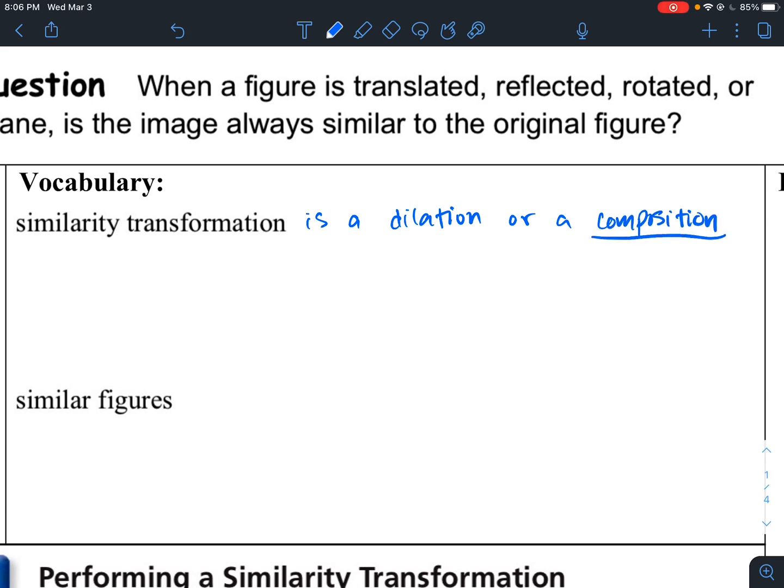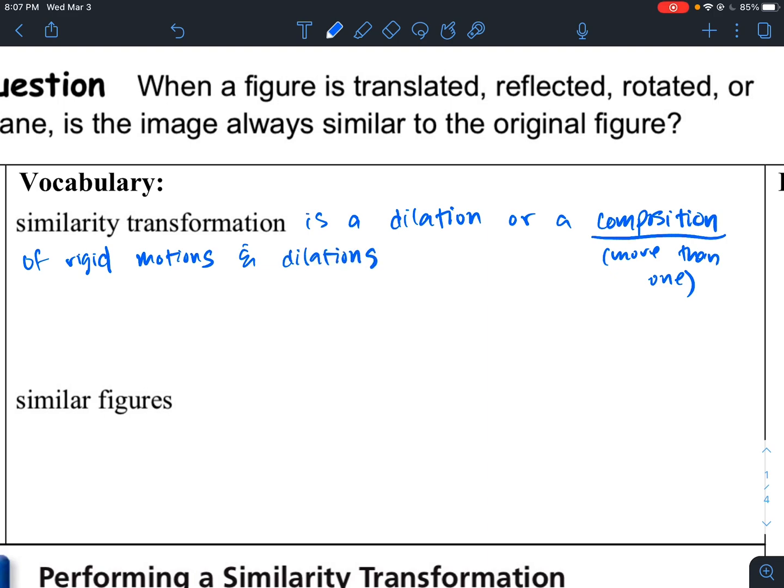A composition just means more than one. A composition of rigid motions and dilations.